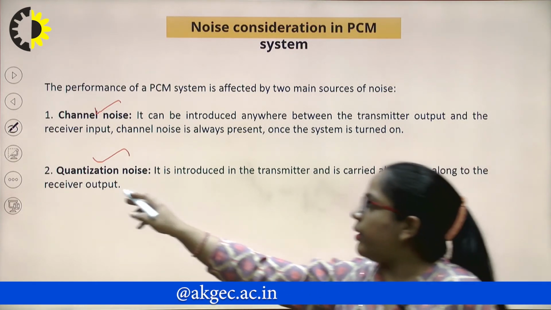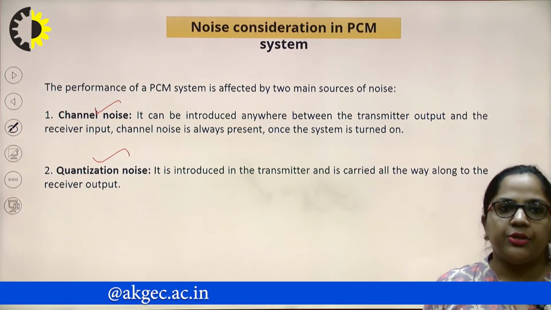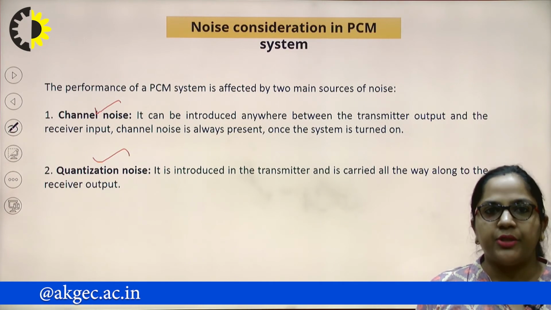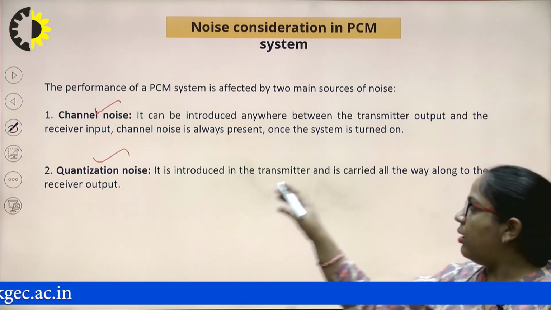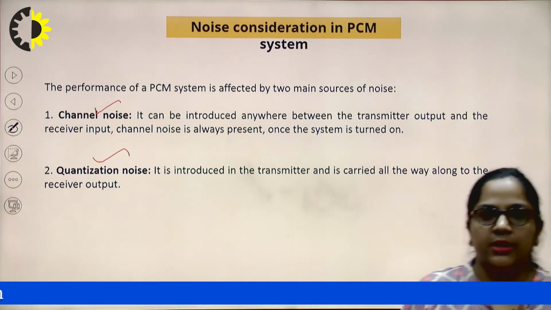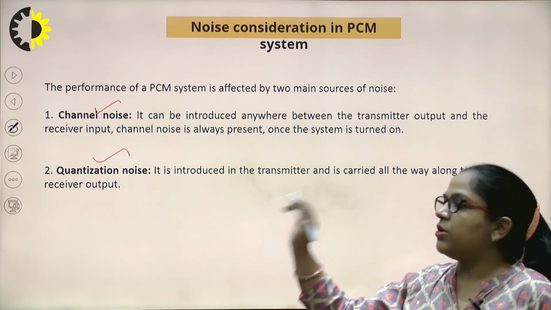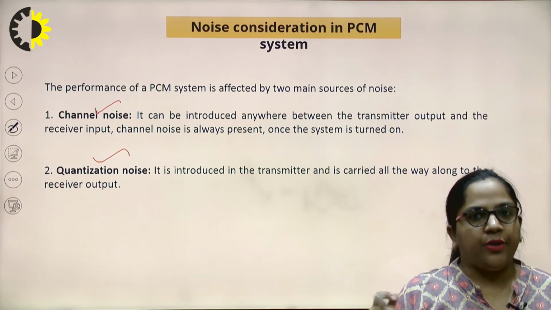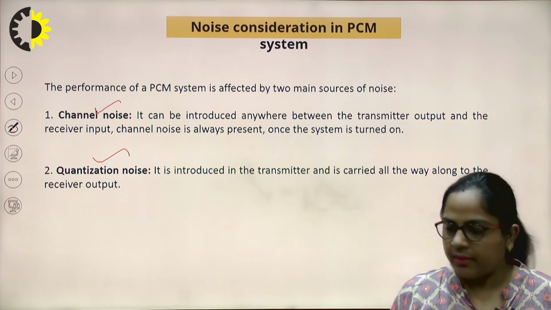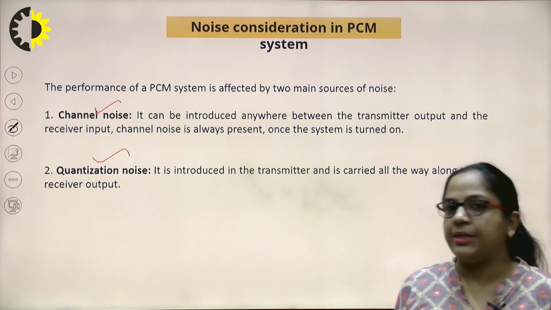The second is quantization noise, which is introduced in the transmitter and carried all the way to the receiver output. During quantization, some quantization error occurs, and that is the main source of quantization noise.